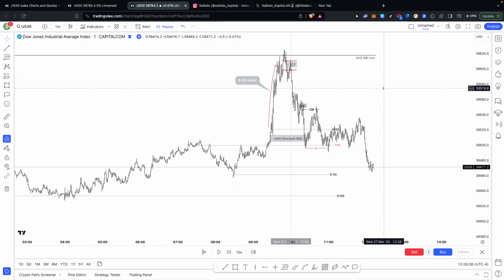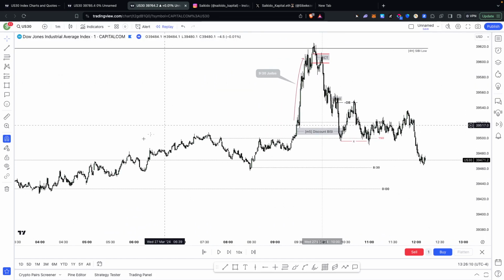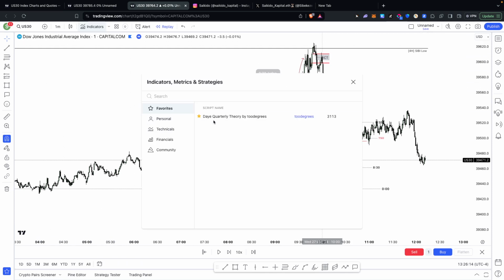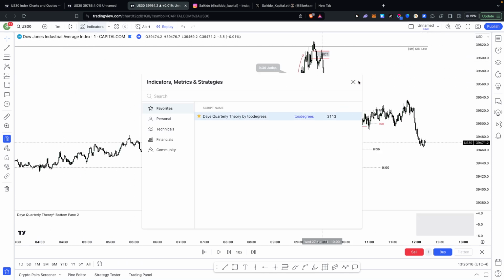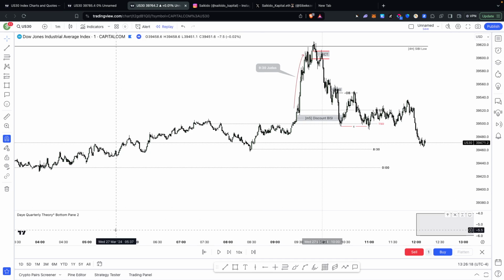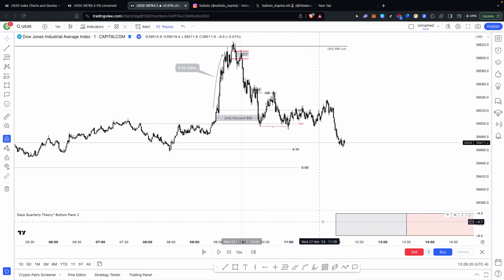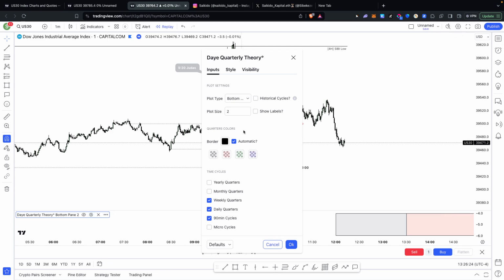So another thing that a trader day emphasizes, let me try and bring up his indicator. See if it's gonna load. Okay, I think I should just adjust the settings. I'm not really familiar with this right now. Let me check microcycles. Okay, it's showing me daily cycles.